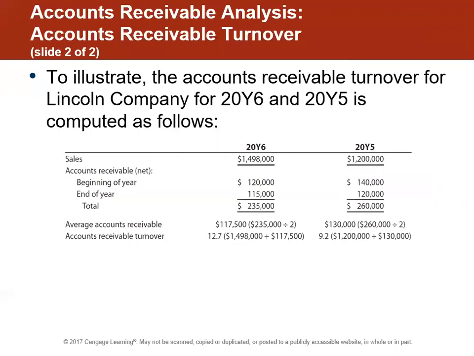To get our accounts receivable turnover, we take sales of 1,498,000 divided by average accounts receivable. So accounts receivable turnover is 12.7 times. There, the higher the number, the better. The more times we're able to turn over accounts receivable, the faster we're collecting. So we would look at that.